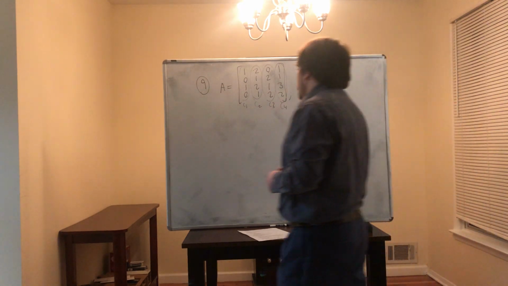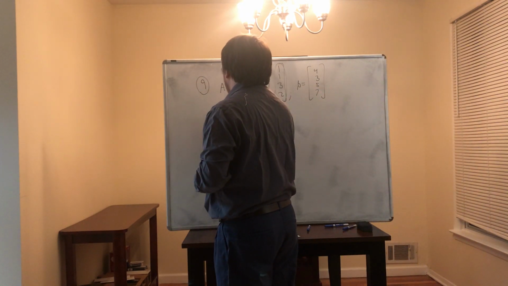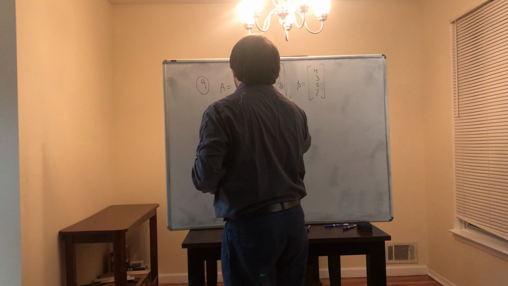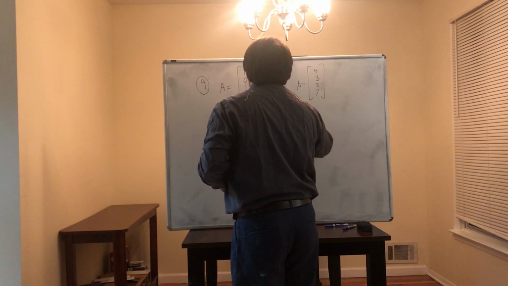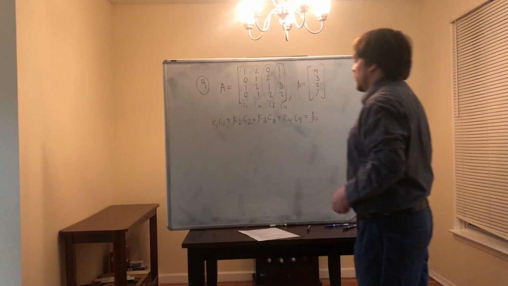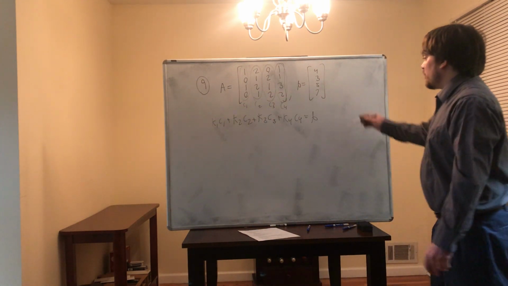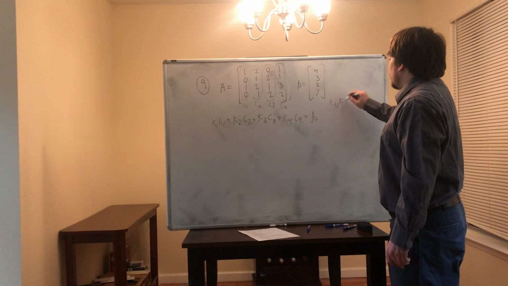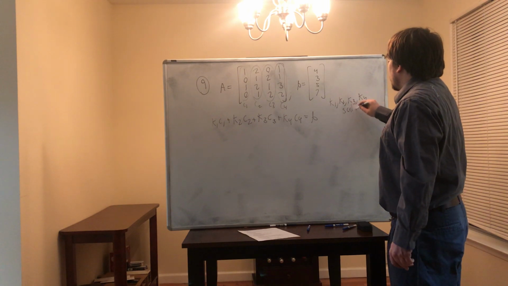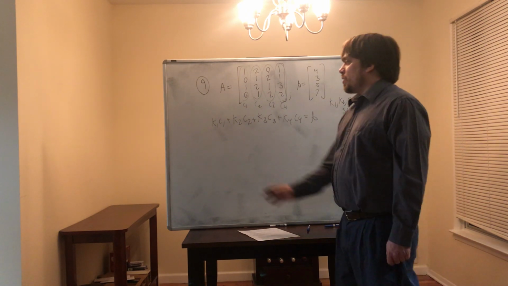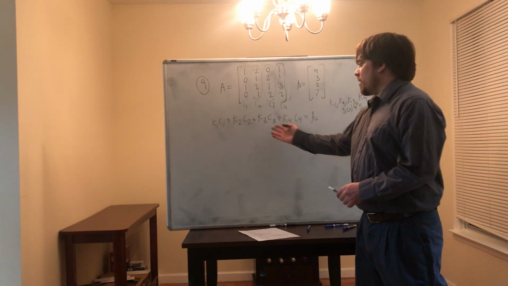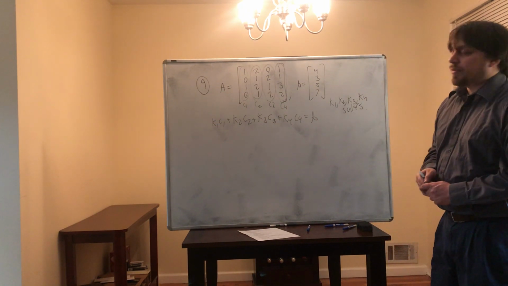So the question is, are there values k1, k2, k3, k4, scalars, such that k1 c1 plus k2 c2 plus k3 c3 plus k4 c4 is equal to B?